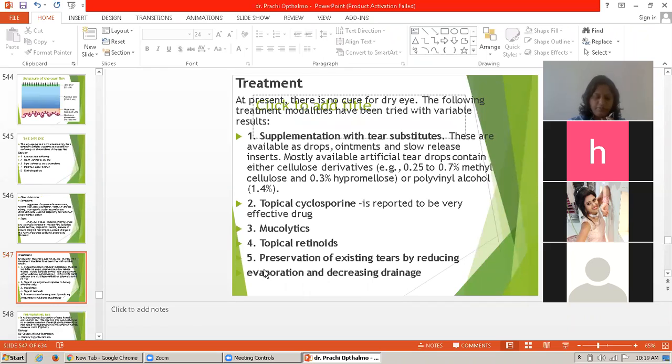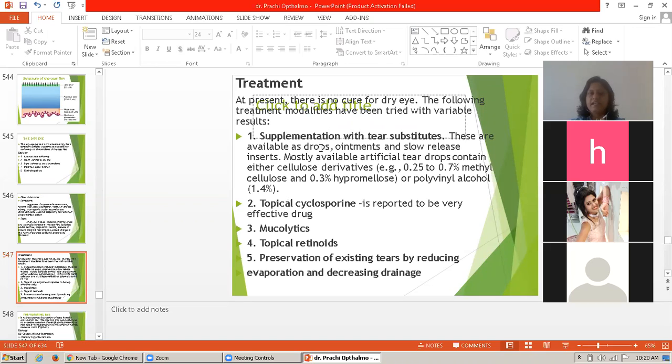In the treatment of dry eye, at present there is no cure for dry eye. The following treatment modalities have been tried with variable results. First is supplementation with tear substitutes.